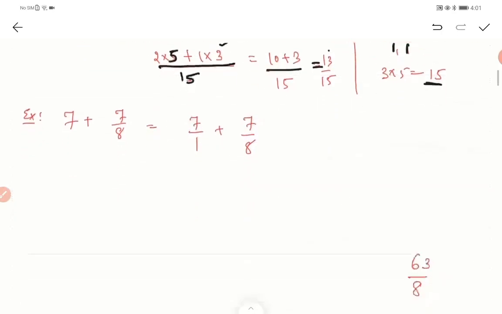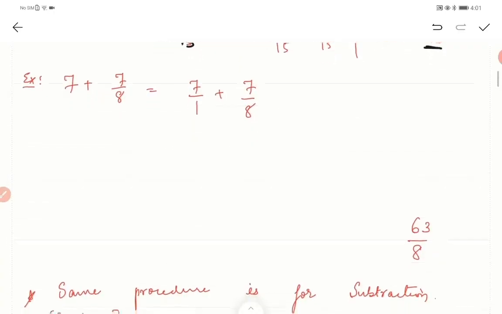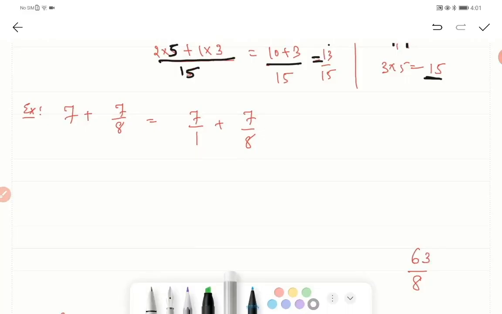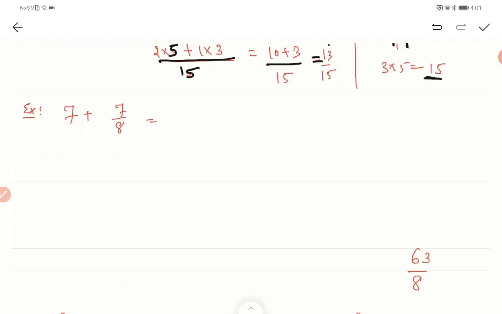Already you have done all these things in your previous class. We are just looking at it once again. Let me take one example: 7 plus 7 by 8.